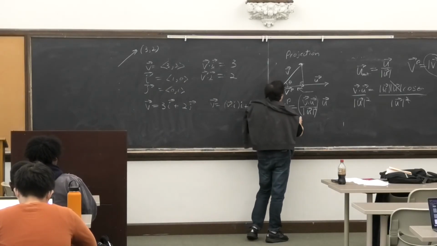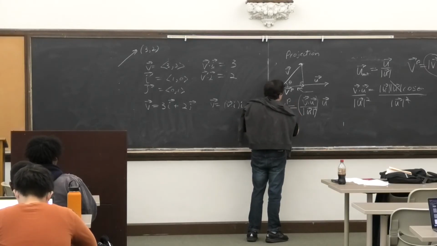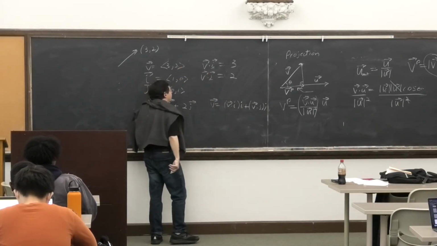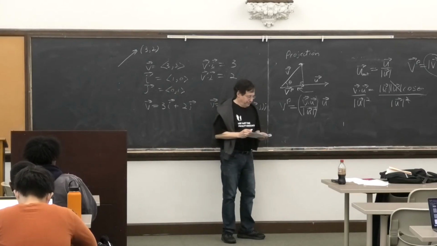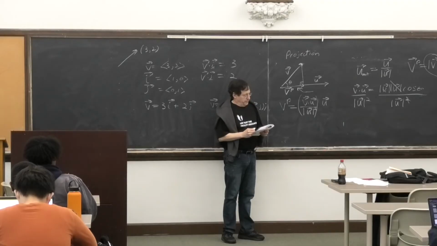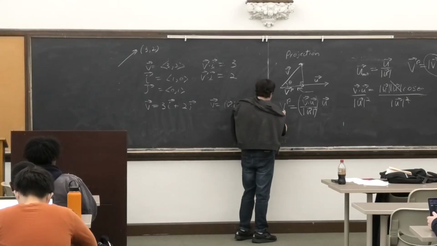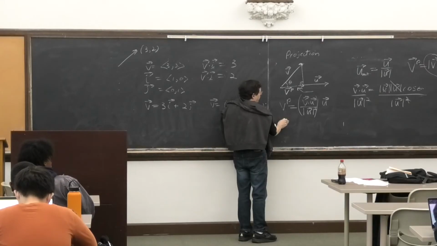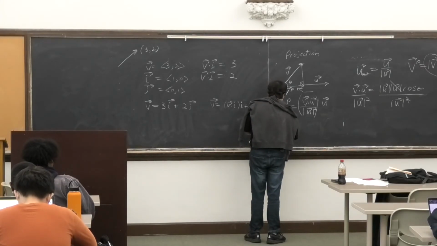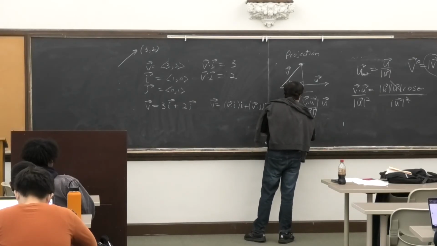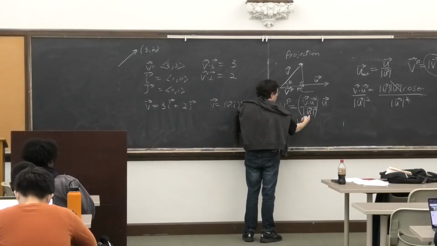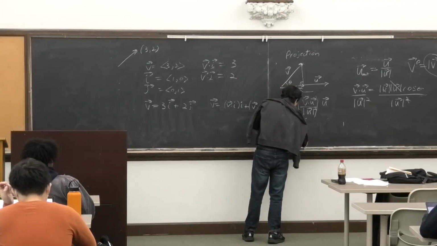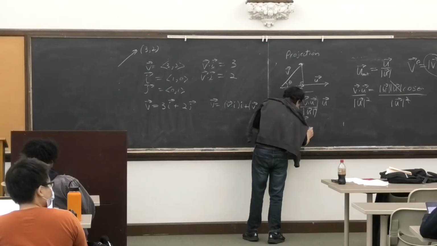If I substitute for VP here, the projection not onto some u, but onto i or j, what do I get? v onto i is v dot i, but the norm of i is 1, and the same thing with v sub j is the dot product of v and j.